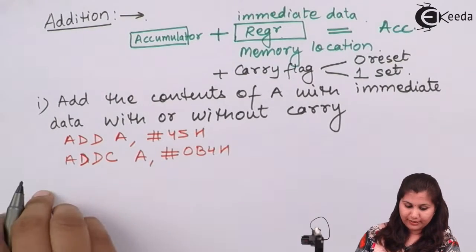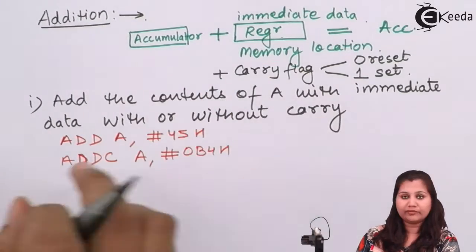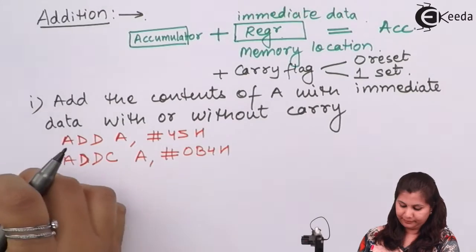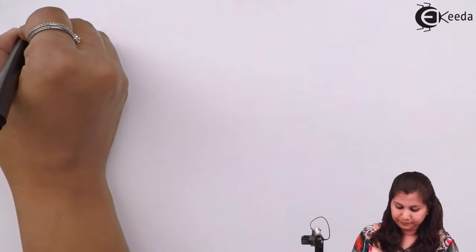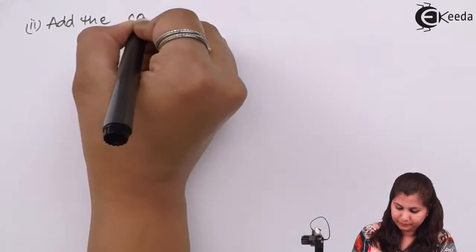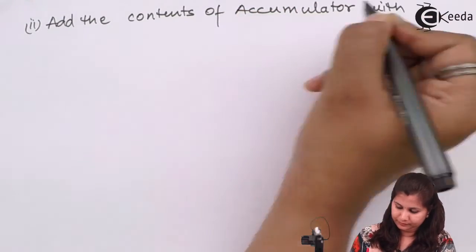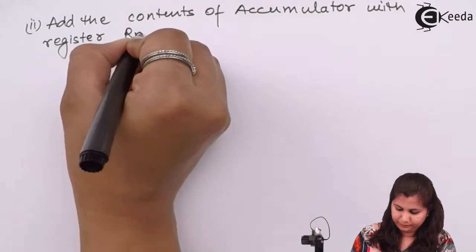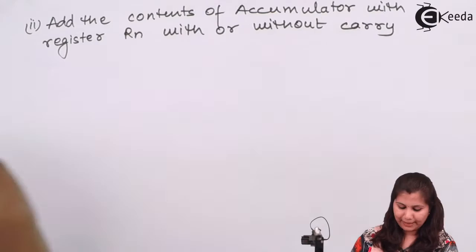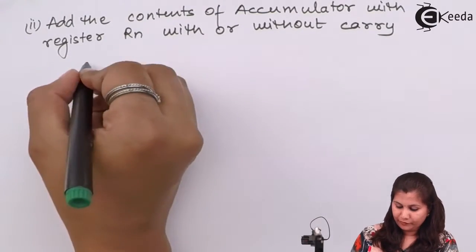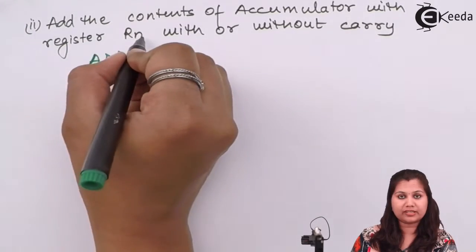Next type of addition is to add the contents of A with the register, again with or without carry. Example of this, without carry, is adding the contents of A and a register Rn.